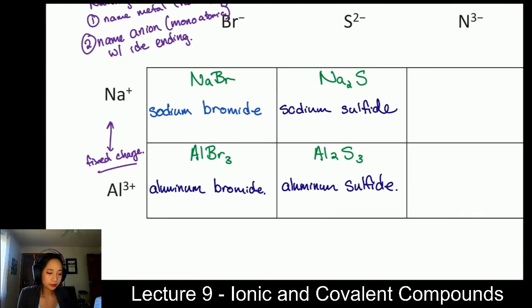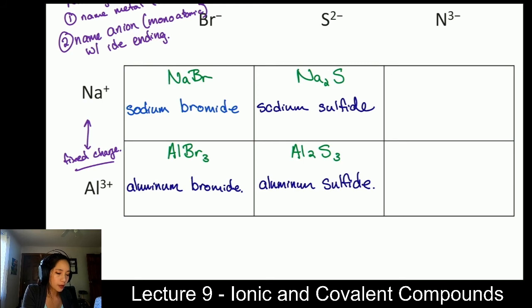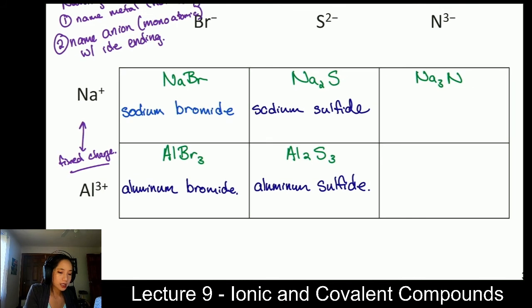Great. All right, next. Our next anion is nitrogen. So how those come together as a compound would be three sodiums and one nitrogen. And then for aluminum and nitrogen, see, they're both 3, so you only need one of each. So it's just one aluminum and one nitrogen.